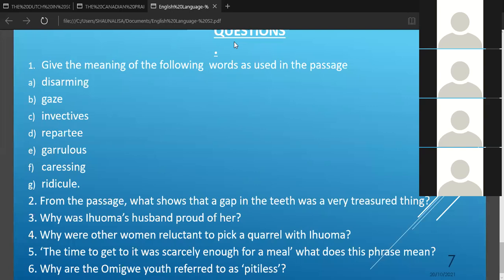Then, has anyone not understood before we go? Yes, I've not understood. Which one?